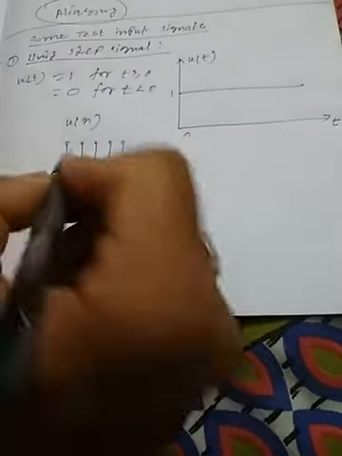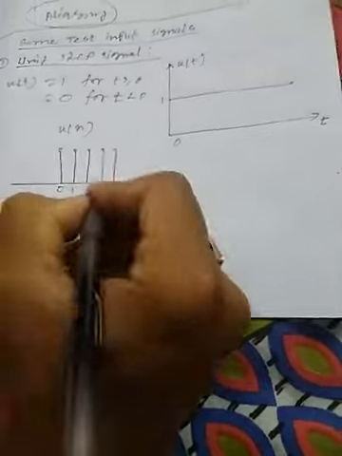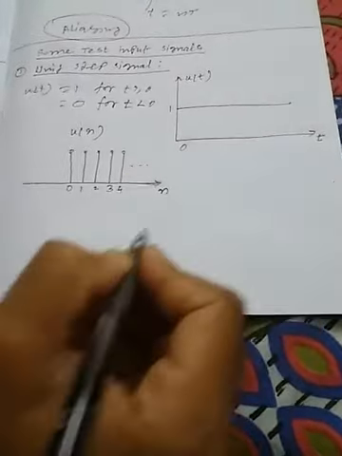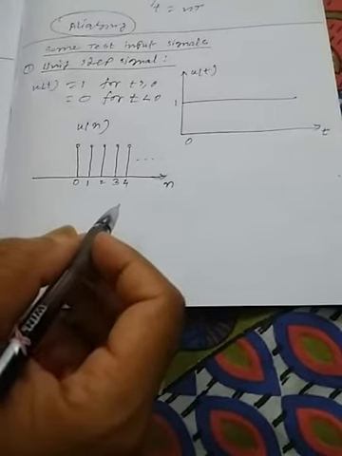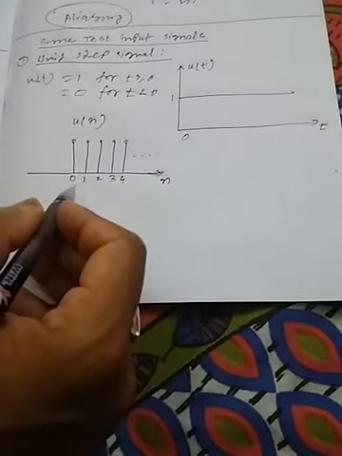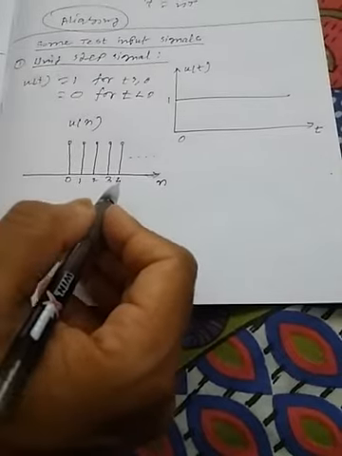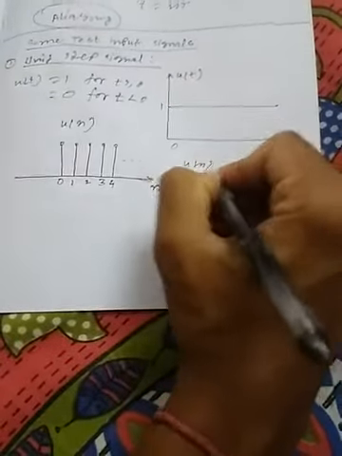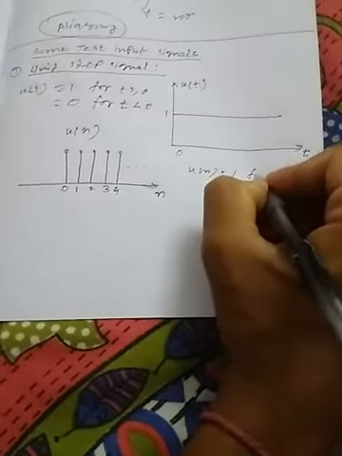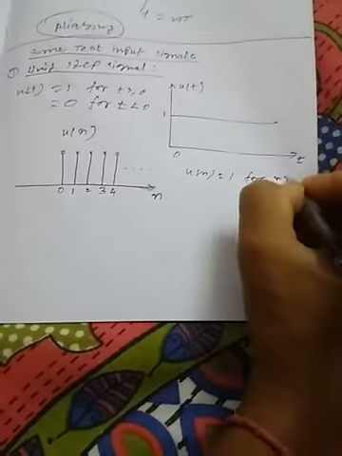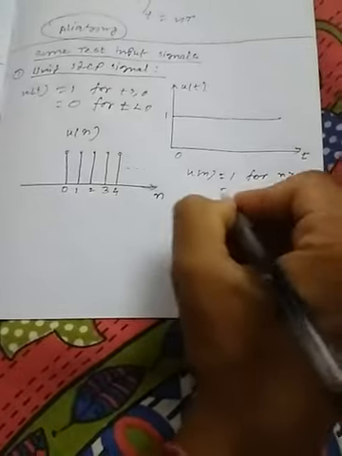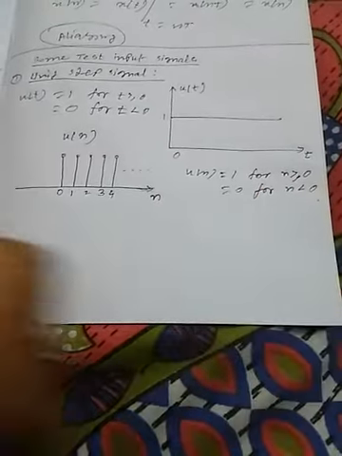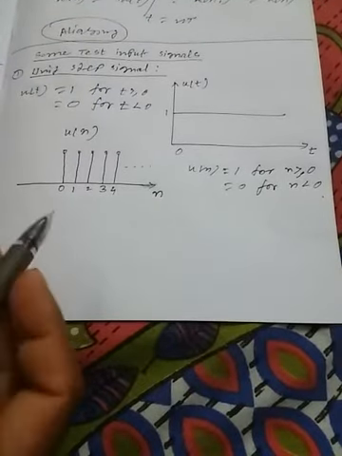The value of n starts from 0: 0, 1, 2, 3, 4, like this. Since n is an integer value, it starts from 0 and goes up to infinity. So here also u(n) equal to 1 for n greater than or equal to 0, and 0 for n less than 0. So this is the unit step signal.